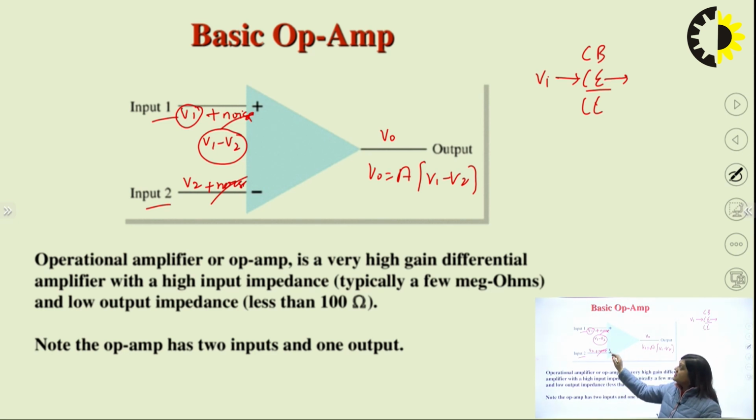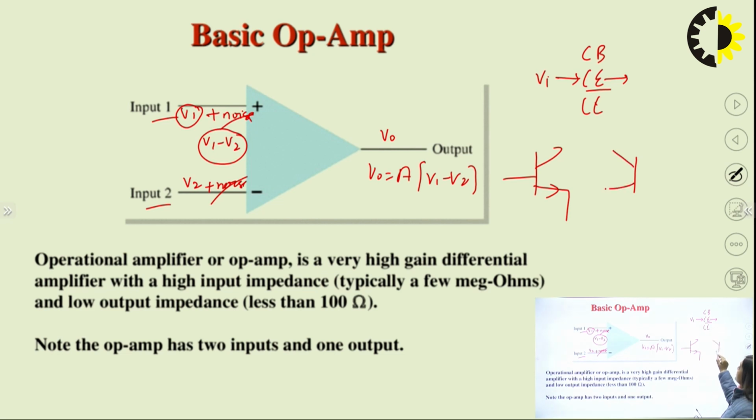Basically, this is the symbol for the Opamp, a triangle, and inside this Opamp there are a number of transistors. Like this is the common emitter configuration, and here RC is there, and plus VCC is there.